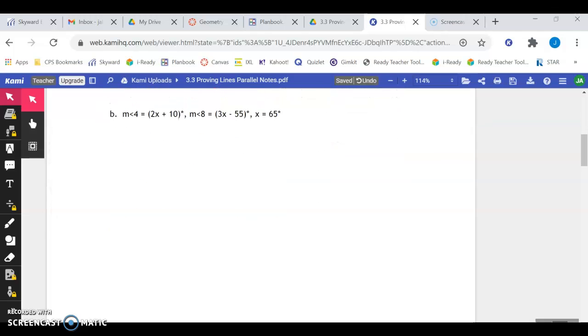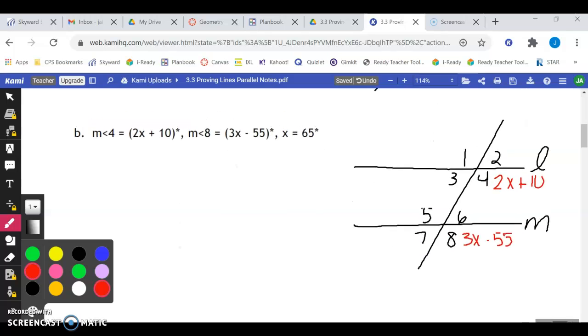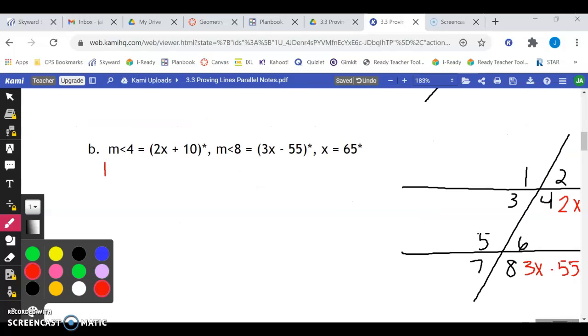For part B, we're going to have to get our picture drawn here. This one is telling us that the measure of angle 4 is 2x plus 10, and that the measure of angle 8 is 3x minus 55. They are also telling us that x is equal to 65. So I can plug what I know in.